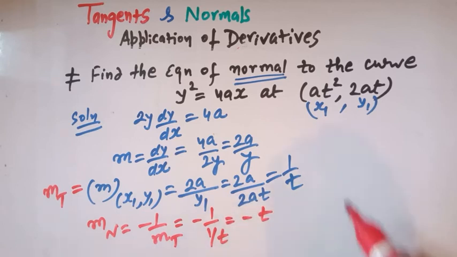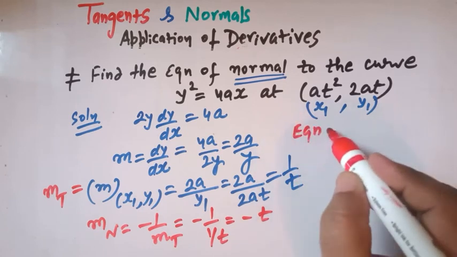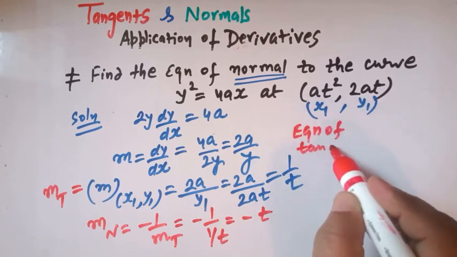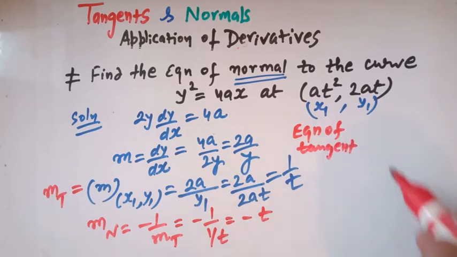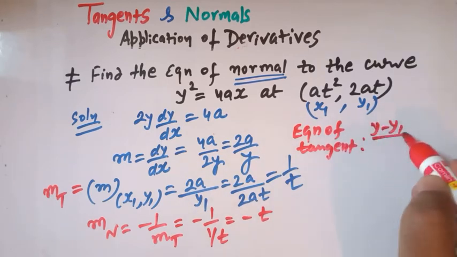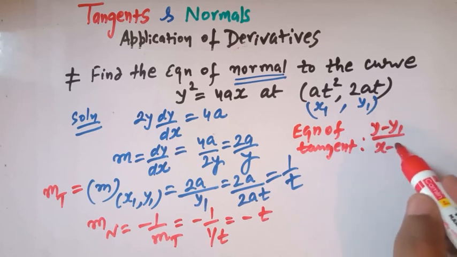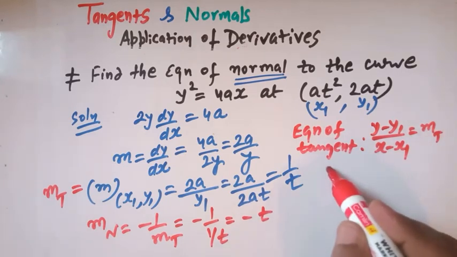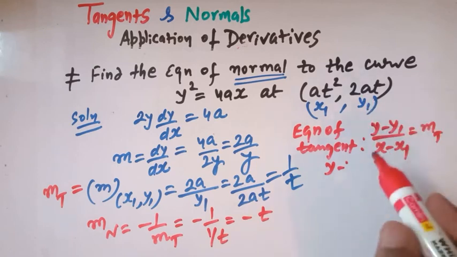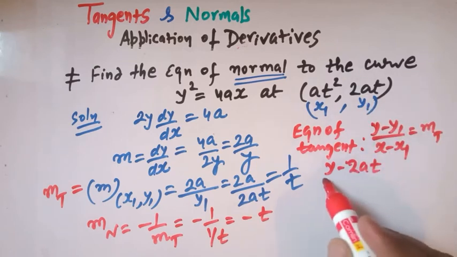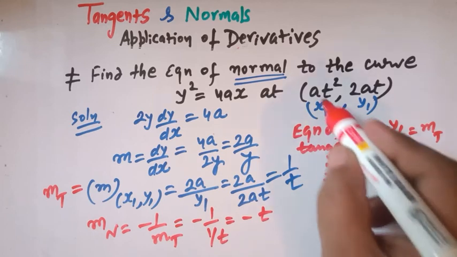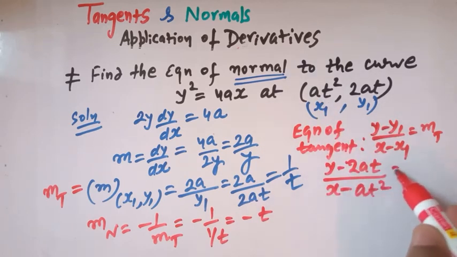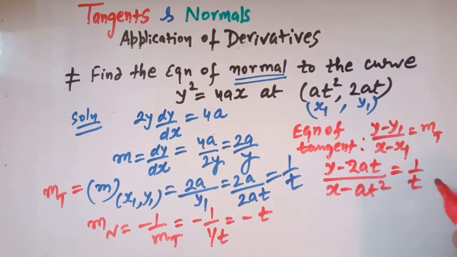Clear? Now the equation of tangent can be obtained by this equation. (y − y1)/(x − x1) is equal to the slope of tangent. So we have y − y1. What is y1? y1 is 2at, and x − x1. x1 is at², equal to the slope of the tangent, which is 1/t. Clear?